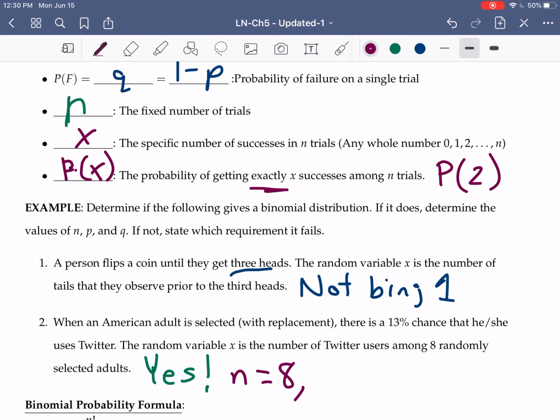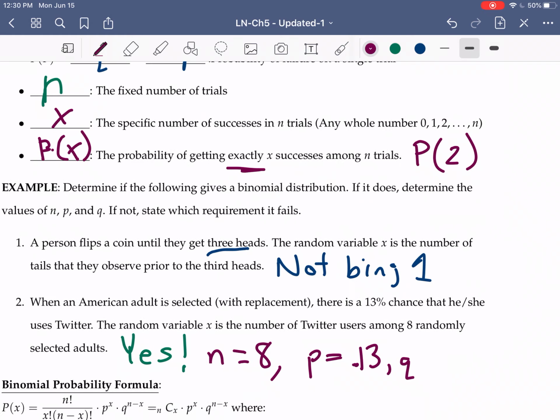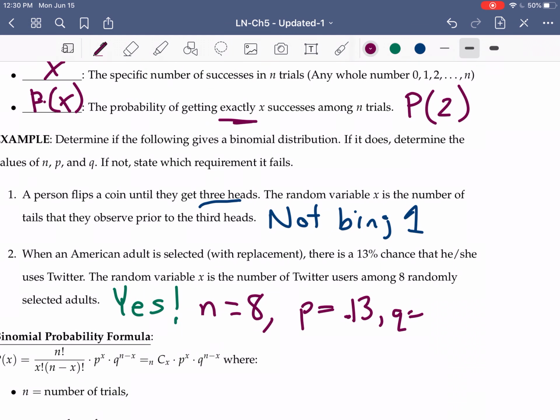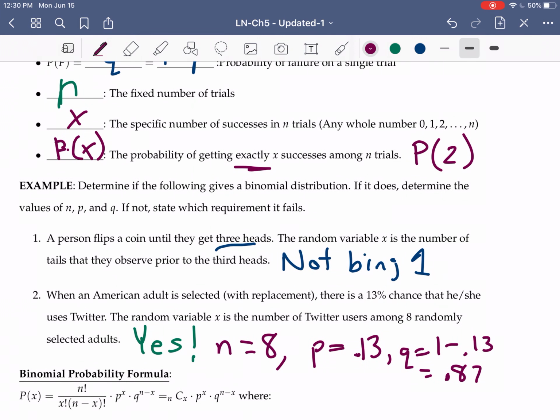You might think about it as the opposite, considering it a success if they don't use Twitter, but for our purposes, p, the probability of success, that any one person we randomly select uses Twitter, is 13%. The probability that they do not use Twitter is 1 minus 0.13, which is 0.87.